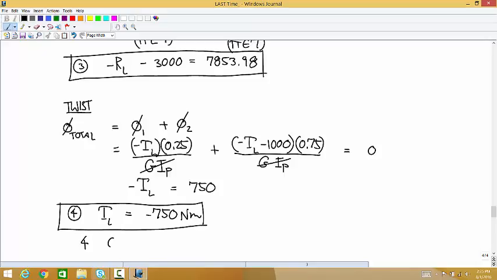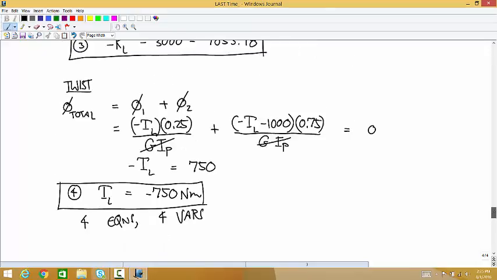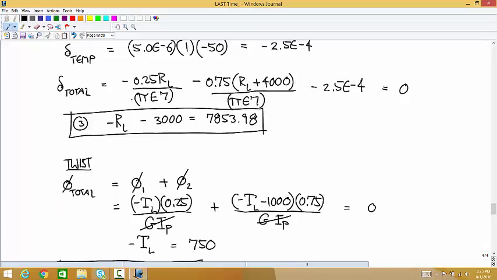So now that's 4 equations, 4 variables. So you already have TL, fancy TL. RL is negative 10,853.